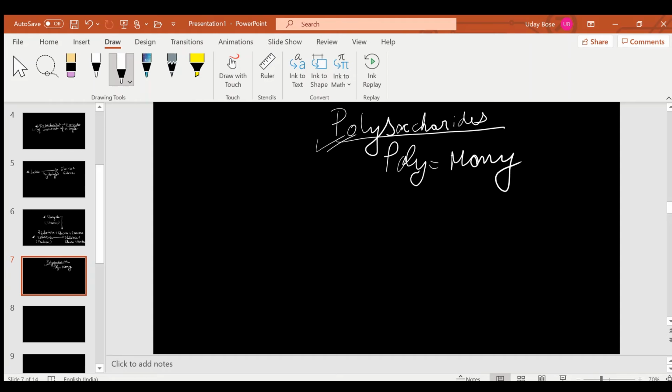So let me just write down all those points. Poly means many, and polysaccharide is composed of polymers of monosaccharide units.